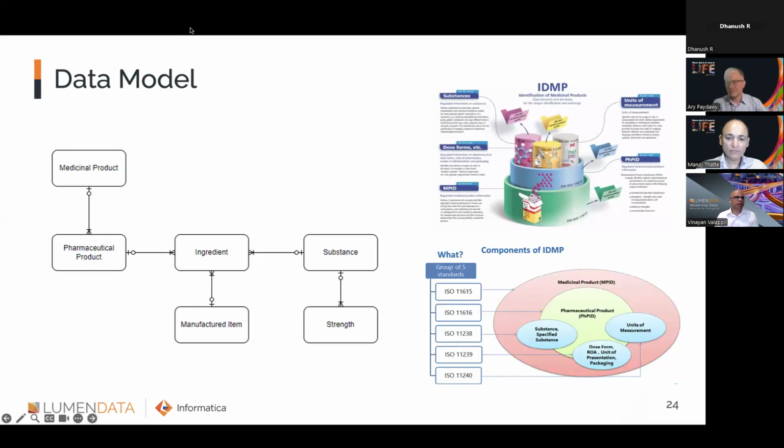So using Informatica's packaged solution for IDMP and using LumenData's expertise in implementing it made this customer go live within a specific time, without exceeding the budget, without exceeding the timeline. This was successful. And kudos to Informatica for coming up with this structure with pre-built integration, pre-built data model, and pre-built reference data, which helped us deliver this on time. So that's about our experience.